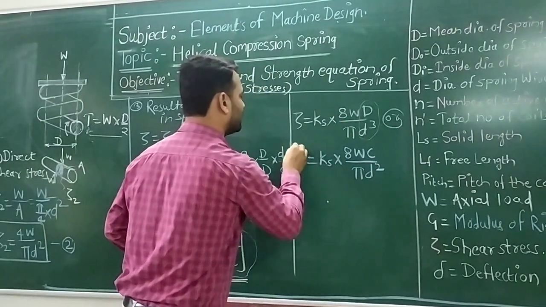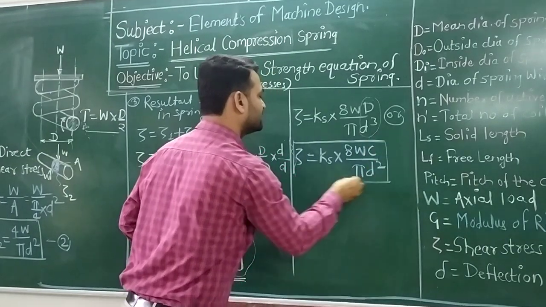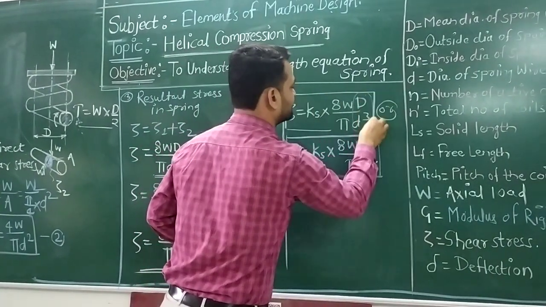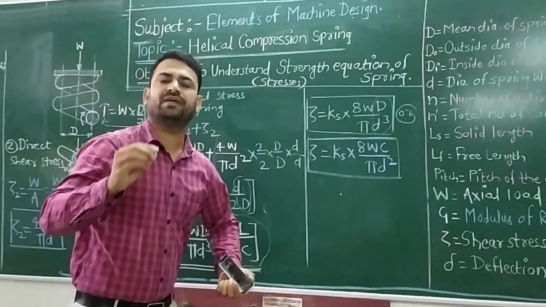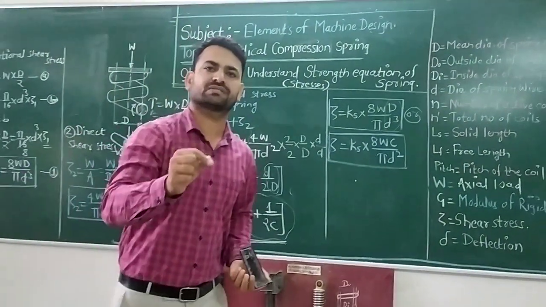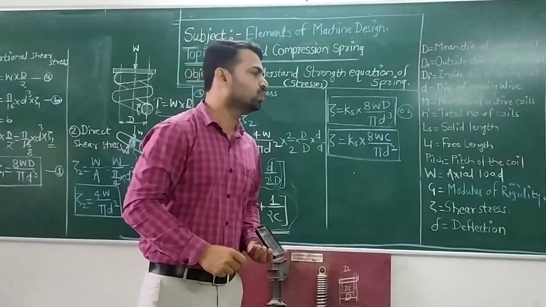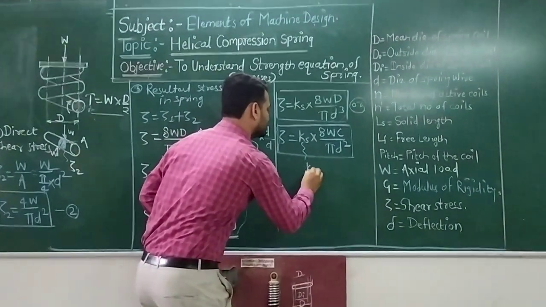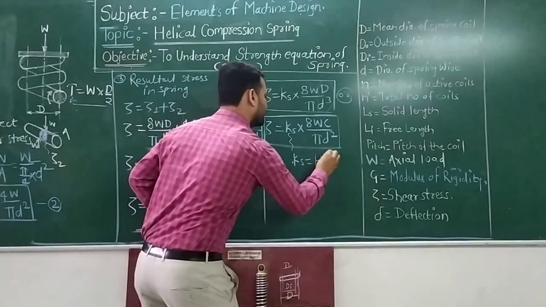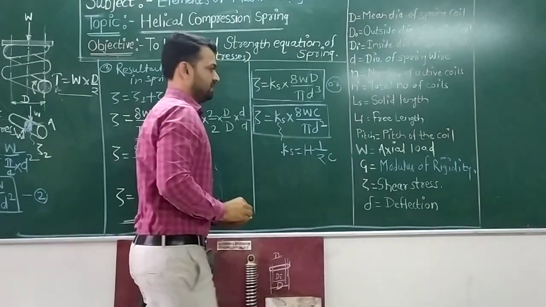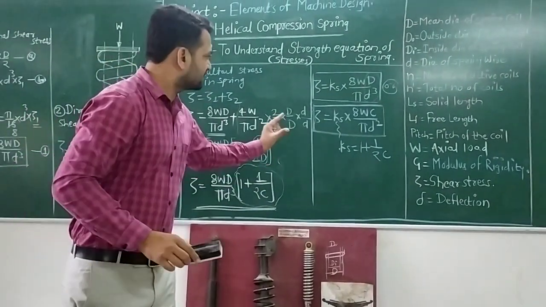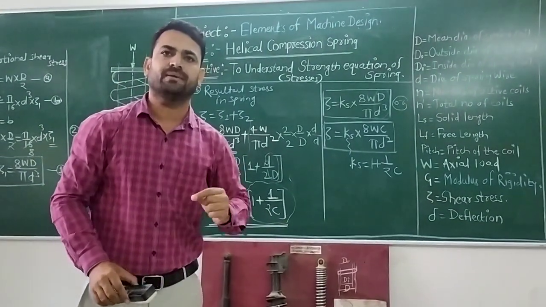So this is the value of shear stress. This equation you can write like this or like this. This is the equation of shear stresses developed inside the spring due to loading, and Ks is the shear stress factor. Ks will be equal to 1 plus 1 upon twice of C. Up to here, hope you understand the concept of stresses developed inside the spring.